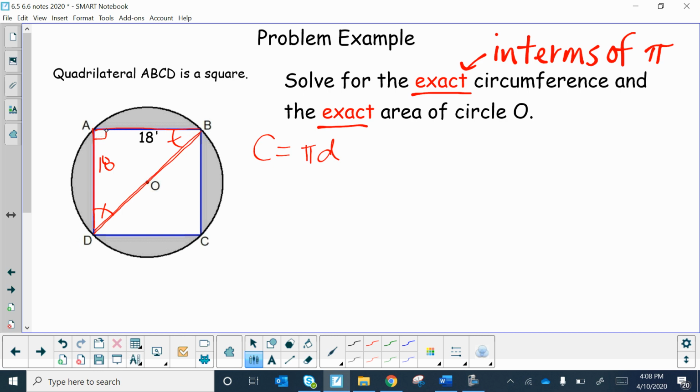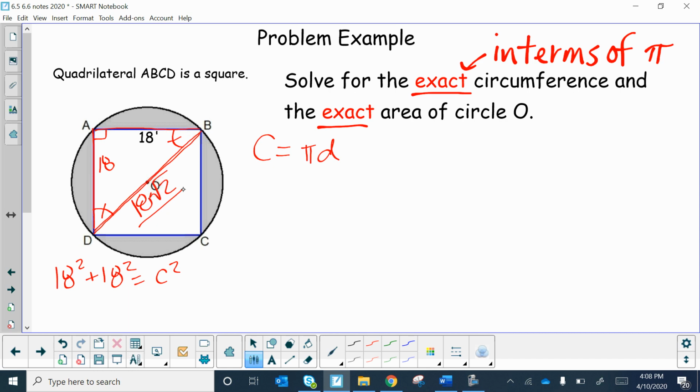It's a 45, 45, 90. So if you recall that, if the legs are 18, then this whole diameter is 18 radical 2. And if you forgot that, you could do 18 squared plus 18 squared and solve for c squared, or c, using Pythagorean theorem. And if you reduce that, it will reduce to 18 radical 2. So the diameter is 18 radical 2.